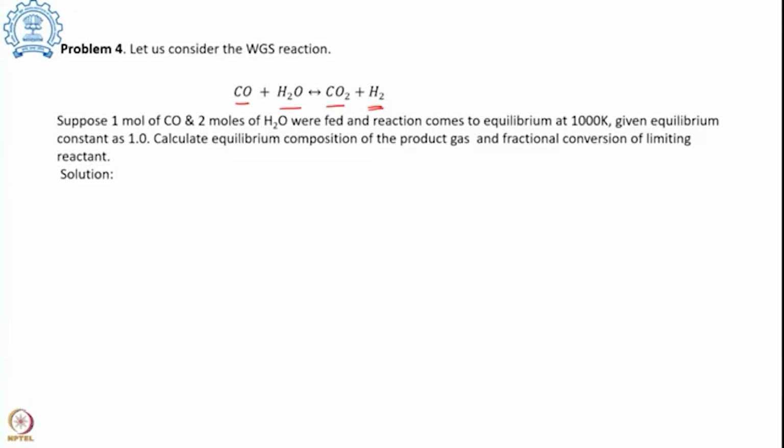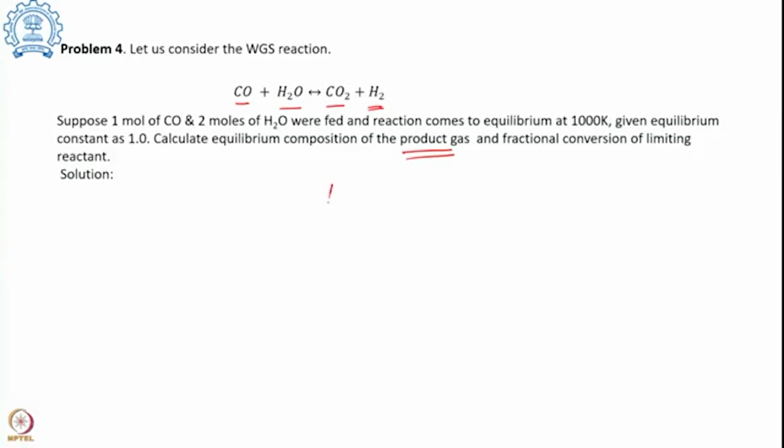Now, let us assume the problem states that if 1 mole of CO reacts with 2 moles of steam and these are fed in the reaction such that the reaction comes to equilibrium at 1000 Kelvin, and it is given that under these reaction conditions the equilibrium constant is 1. So, what we need to do is calculate the equilibrium composition which is obtained for the product gas, and what is the fractional conversion of the limiting reactant in the process.